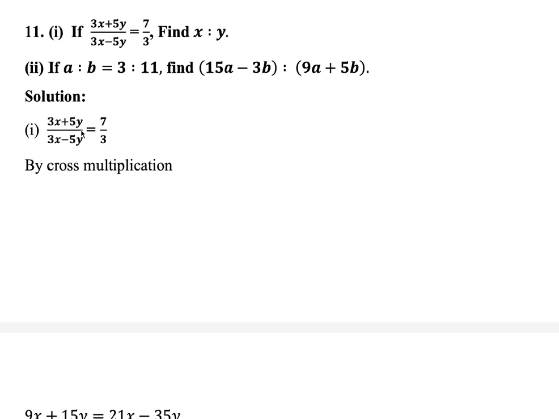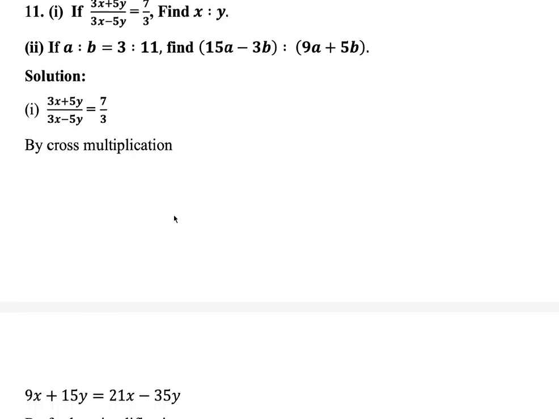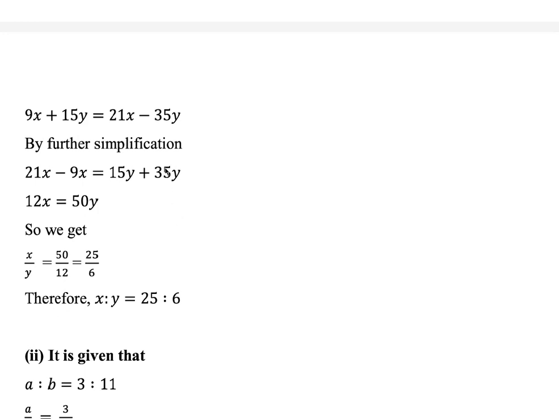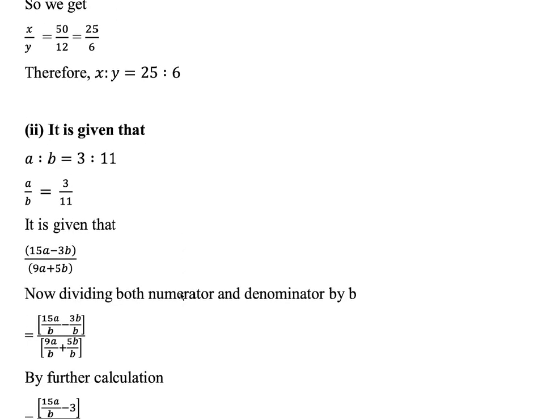After that we will do cross multiplication, that is this side multiplied by 3 and this part multiplied by 7. After that a little bit simplification, we will get 12x is equal to 50y. So x by y is equal to 50 by 12, that comes to 25:6.